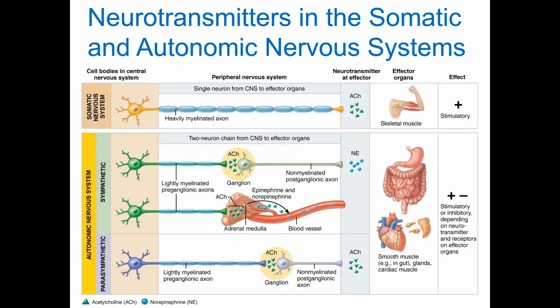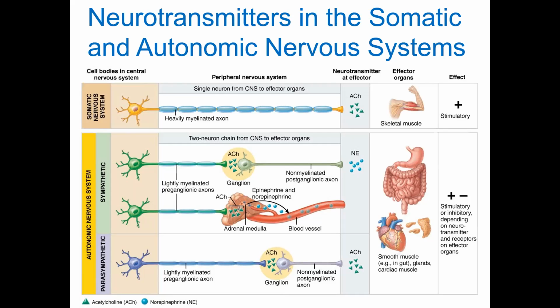Okay. So again, don't forget that if it's parasympathetic, the neurotransmitter at the pre and post ganglionic axon is always acetylcholine. It can be excitatory, it can be inhibitory. On the sympathetic side, the preganglionic neurotransmitter is always acetylcholine.